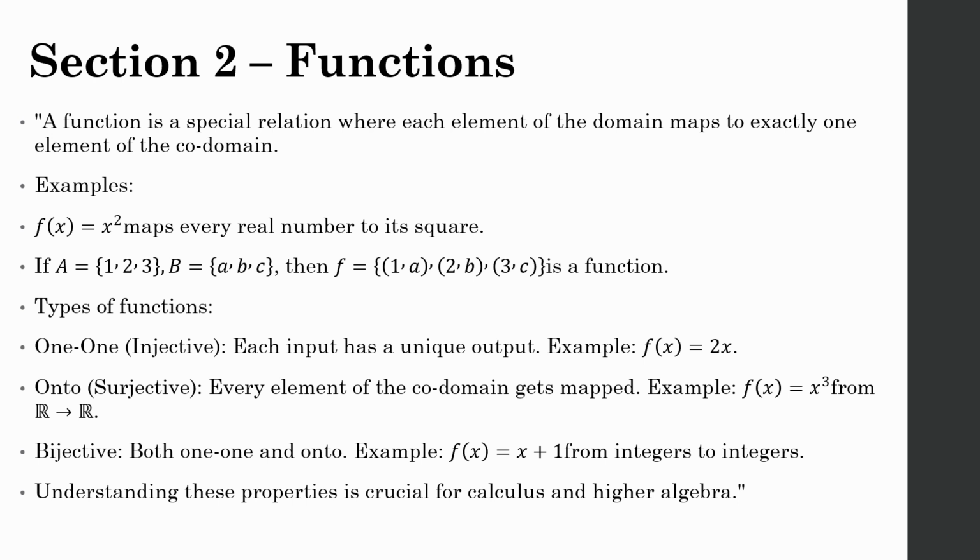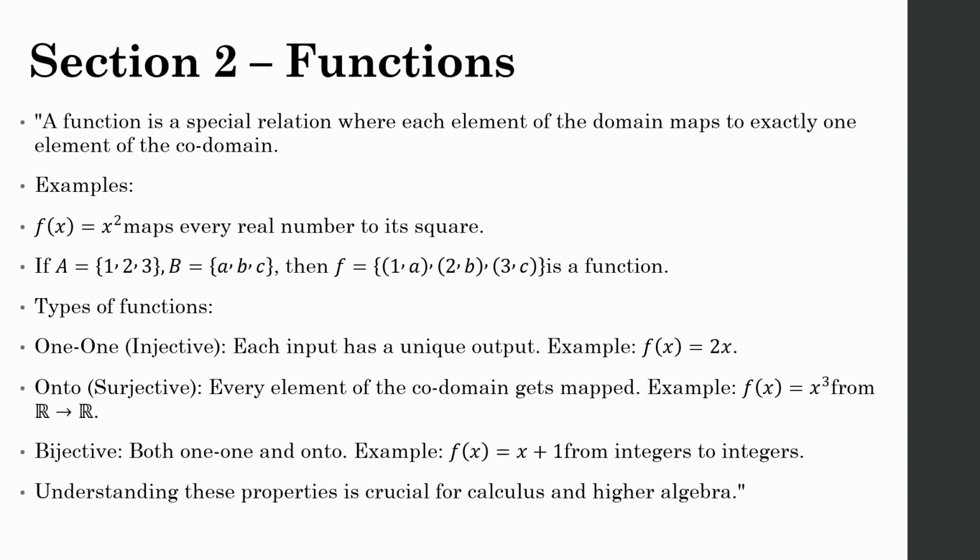Types of functions: one-to-one, which is called injective function. In this, each input has a unique output. For example, f of x equal to 2x. Onto, or surjective function. Every element of the codomain gets mapped. Nothing is left out.